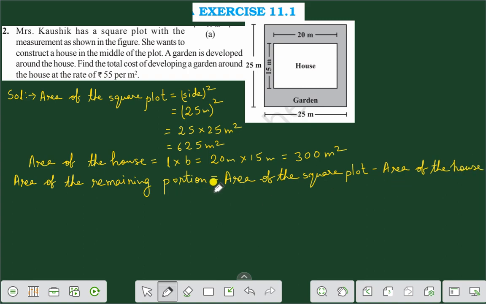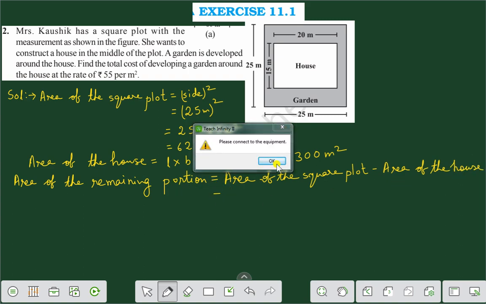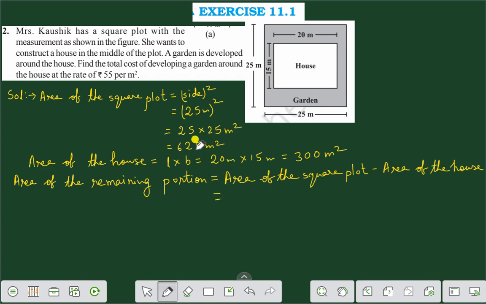Therefore, that is equal to 625 meter square minus area of the house, 300 meter square. That is 625 minus 300, that is equal to 325 meter square.